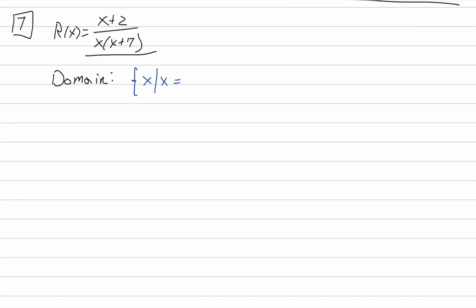X cannot equal 0 and negative 7. Again, this is using set builder notation. I know the problem doesn't ask for interval notation, but if you were to write it in interval notation, it would be negative infinity to negative 7, negative 7 to 0, 0 to positive infinity.